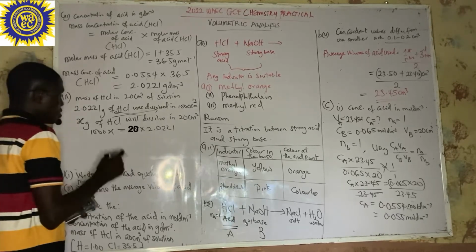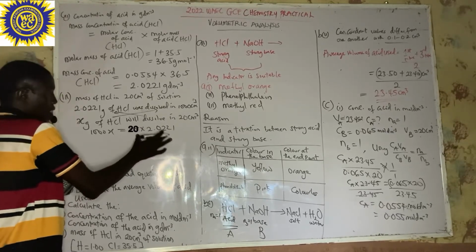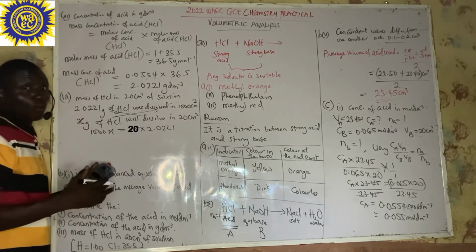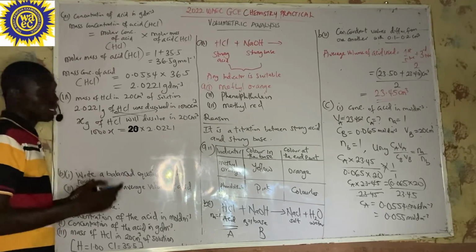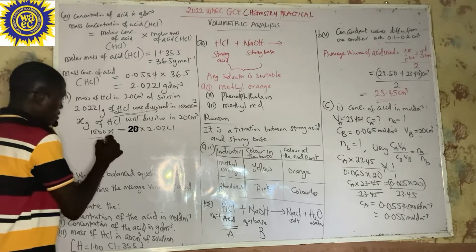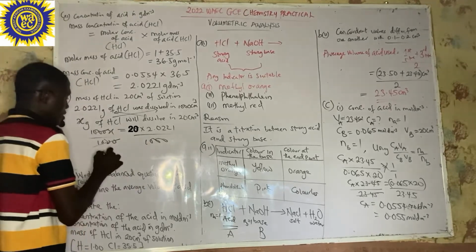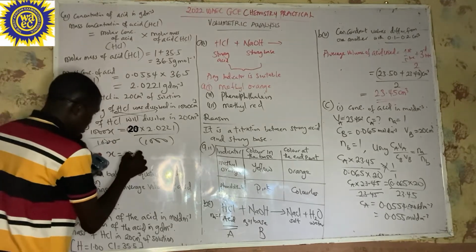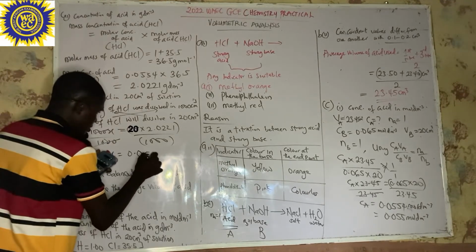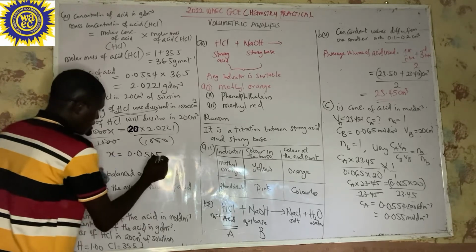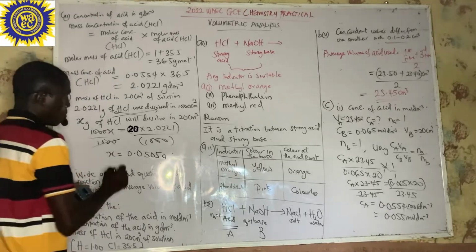We can easily simplify in one step. Divide both sides by 1000, so this one cancels out. So x will now be 0.0505 gram.